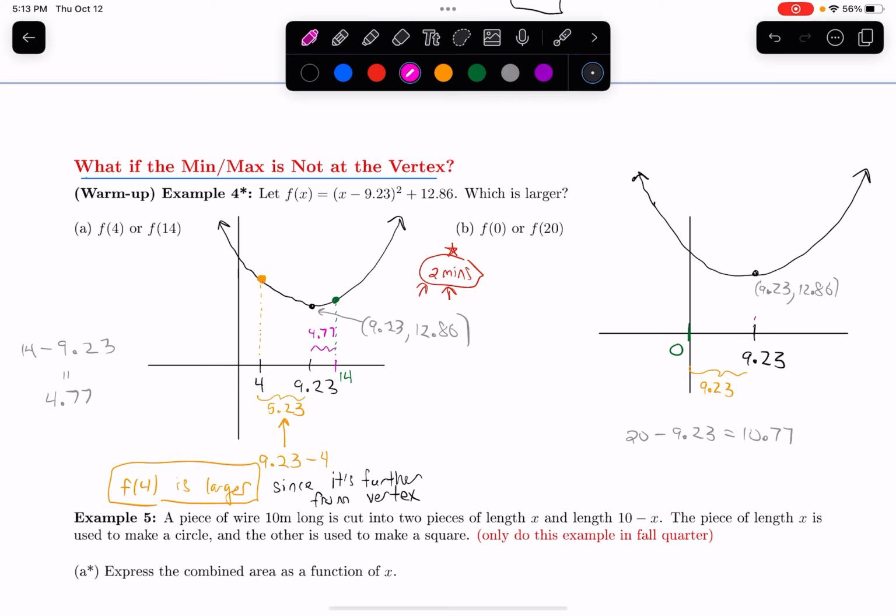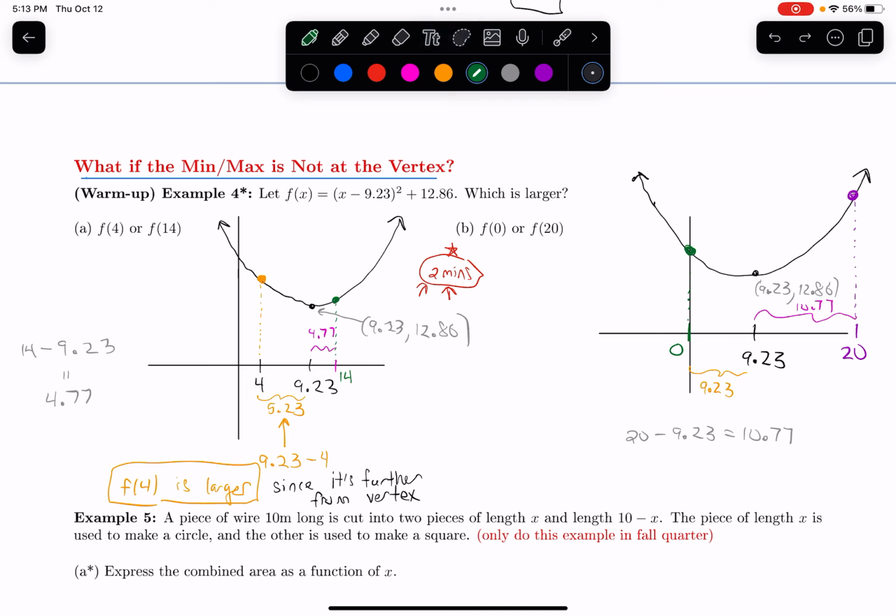I'm going to exaggerate that in my picture. So 10.77, definitely further away. Let me put a tick mark at this point. So 20 is here. If I go up on my parabola where x is 20, I get a point here. And where x was 0, if I go up on the parabola, I get a point here. The point where x is 0 is definitely lower than the point where x is 20, because 20 is further away from the vertex.